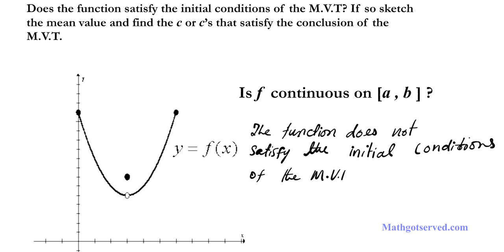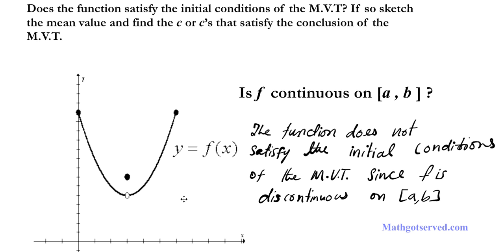And why is that? Since f is discontinuous, it is not continuous on AB. Okay, so if you have a discontinuity or a point where the derivative does not exist, then there is a violation of the initial conditions of the mean value theorem.